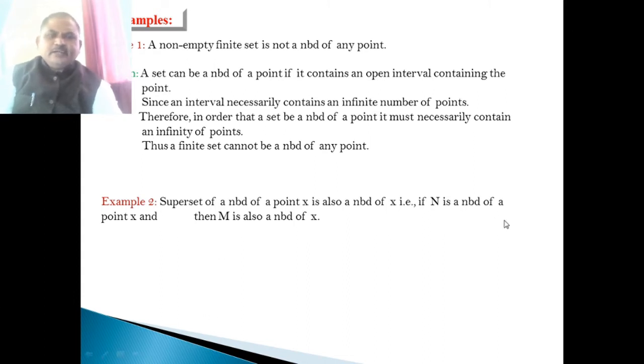That is, if N is a neighborhood of a point x and M contains N, M is a superset of this N, then M is also a neighborhood of x.